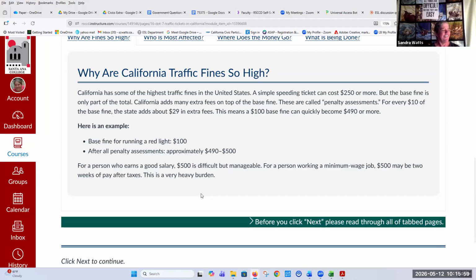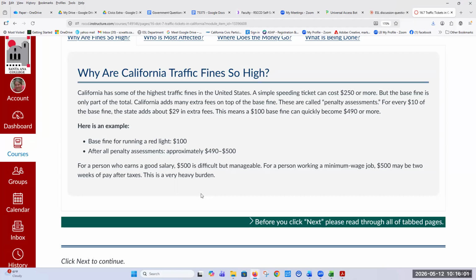California has some of the highest traffic fines in the United States. A speeding ticket can cost $250 or more, but the base fine is only part of the total. California adds many extra fees on top of the base fine.